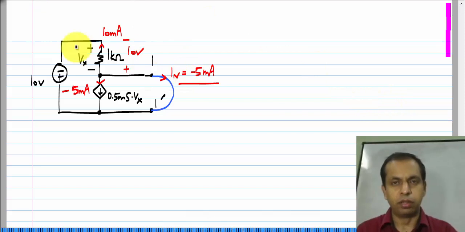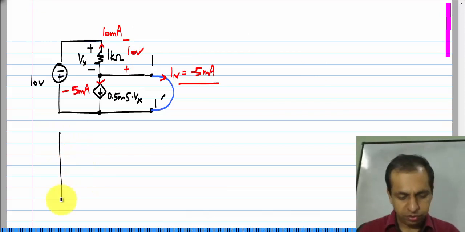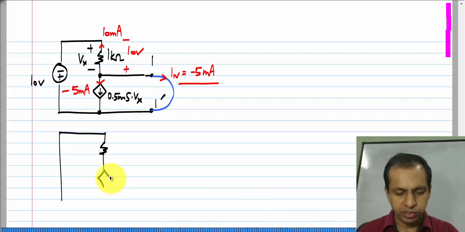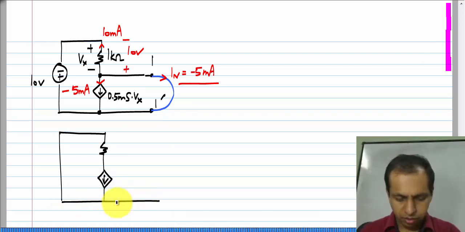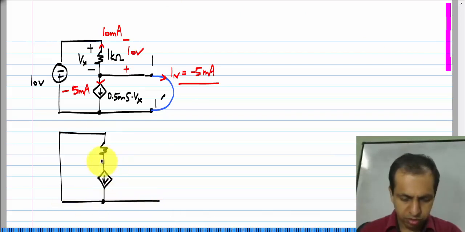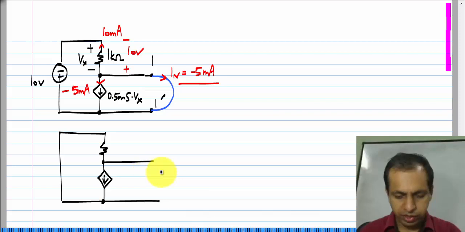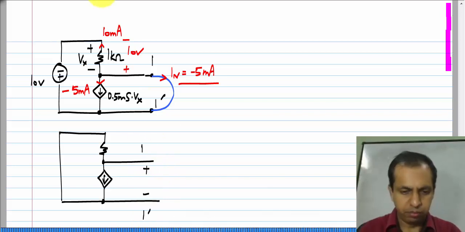Now, to find the Norton resistance, we have to short circuit the voltage source, we have to null it, which means it is a short circuit, and we have to find the resistance between 1 and 1 prime.